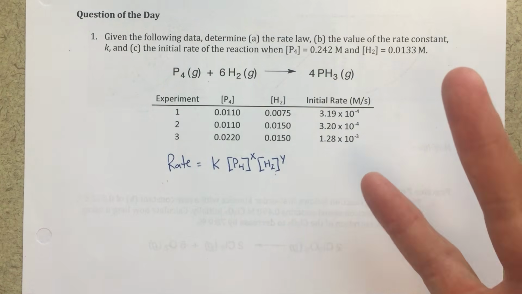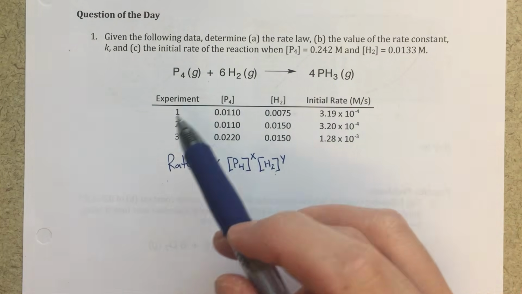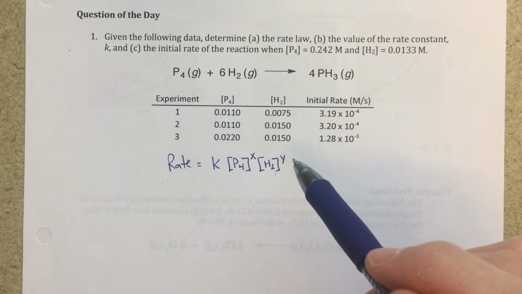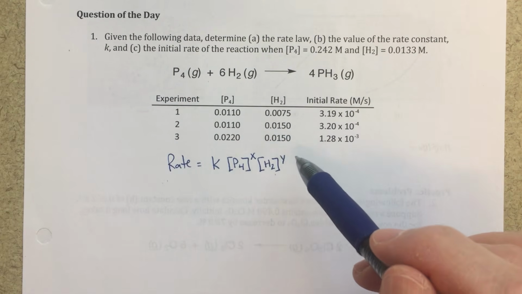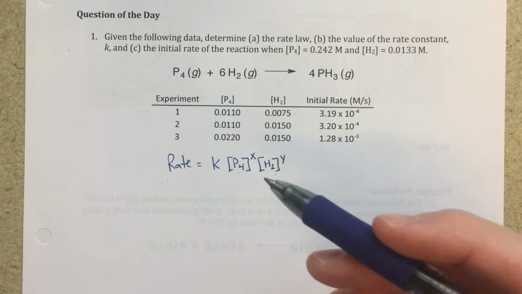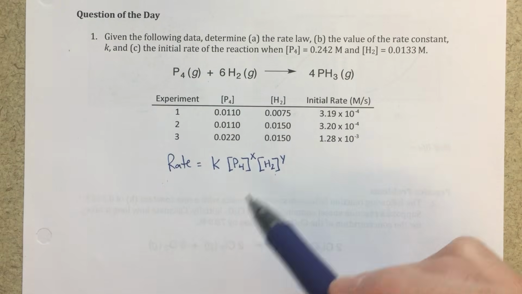As we move forward, we might run into different situations, but for now, when we're given initial rate data and asked to find the rate law, we do not know what these X and Y values are. And this data is essentially going to help us figure out what those values are.